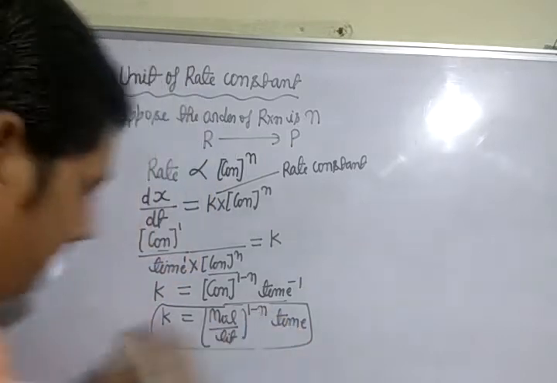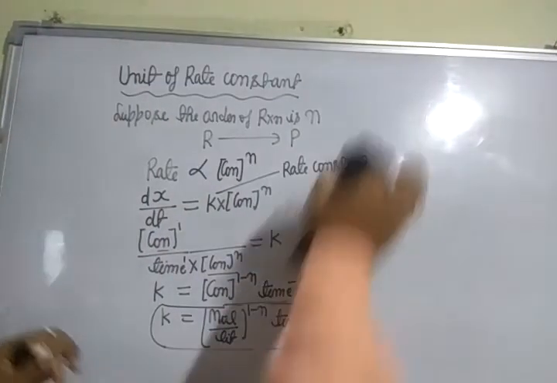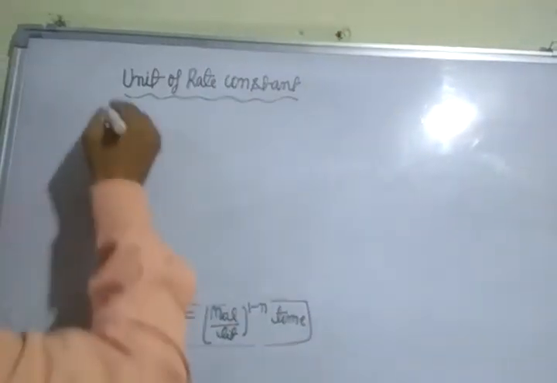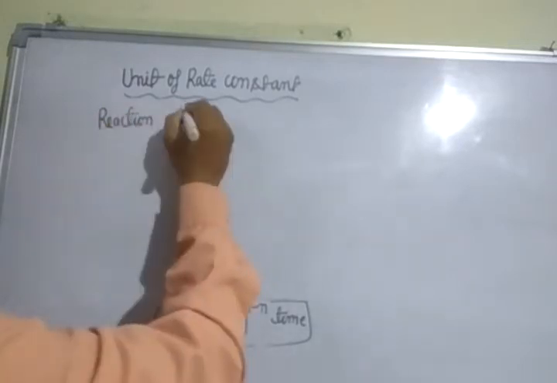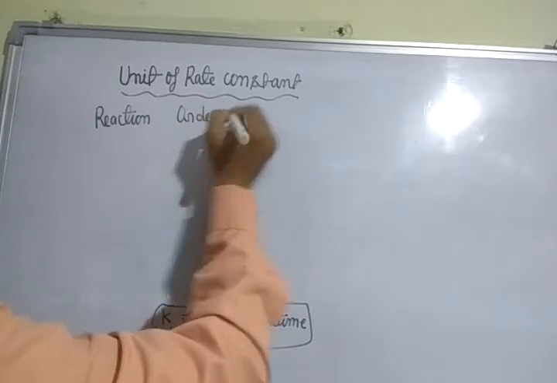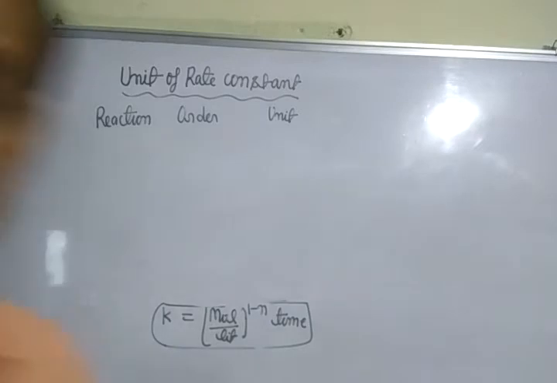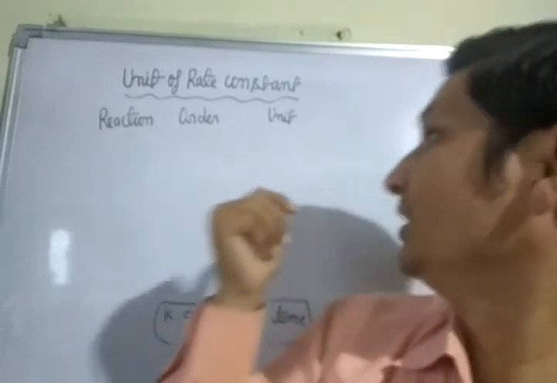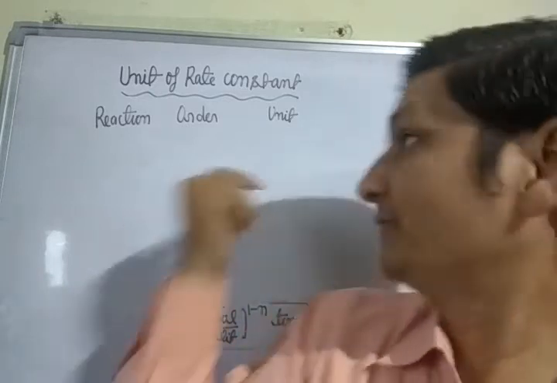So with the help of this formula, 1 minus n, we can write the unit of rate constant for different order reactions easily. Here are given reactions: zero order reaction, first order reaction, second order reaction, third order reaction, and we have to write their order. n is equal to 0, n is equal to 1, n is equal to 2, n is equal to 3, and after this we get the unit.